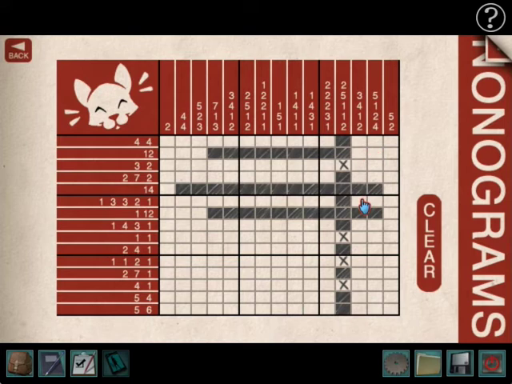This has to be either the 3 or the 4 here, because there's no way that this could be the 1 or the 2 this early on. So I'm going to go ahead and fill that in. Which means that this must be the 2 in this row. Like that. Okay, that's good. Okay, this has to be the 4, I think.